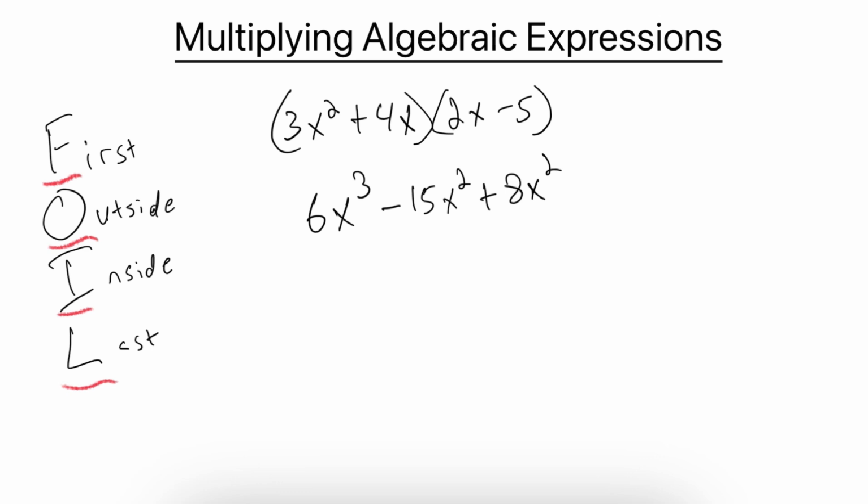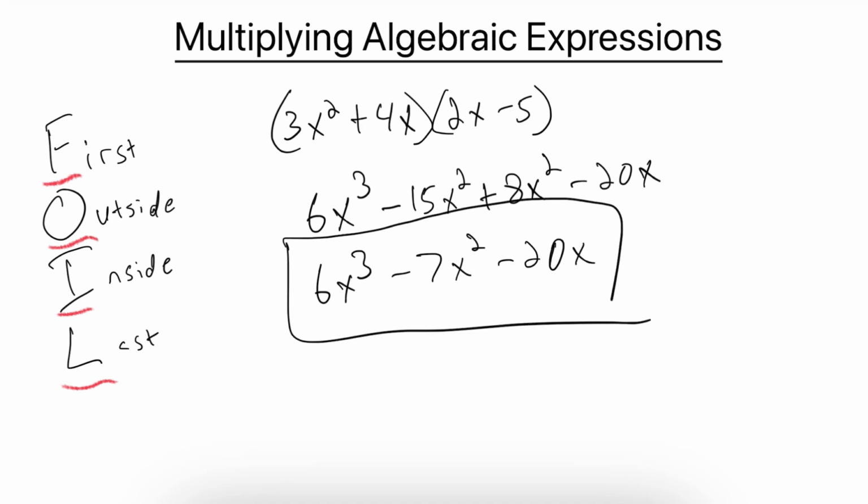Then 4x times negative 5 is negative 20x. Now we have 6x cubed minus 7x squared minus 20x. And that's our final answer.